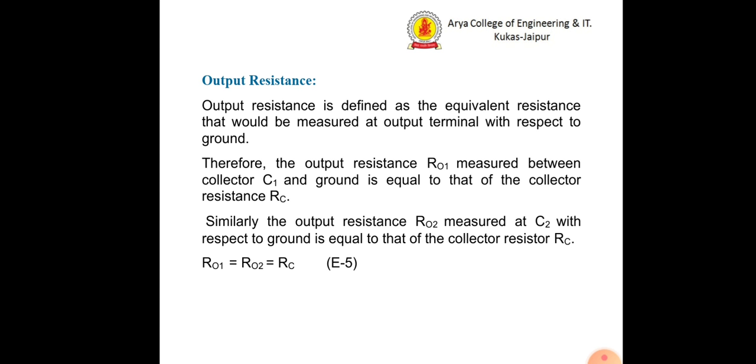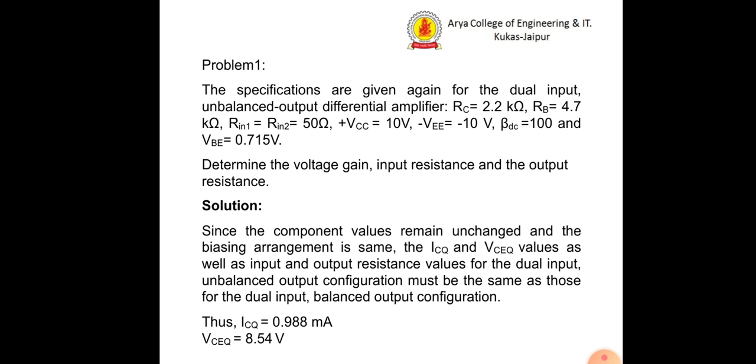Similarly, the output resistance RO2, which is measured at the C2 terminal of the Q2 transistor with respect to ground, is equal to the collector resistance RC. So output resistance RO1 equals RO2, and they are both equal to the resistance value RC.